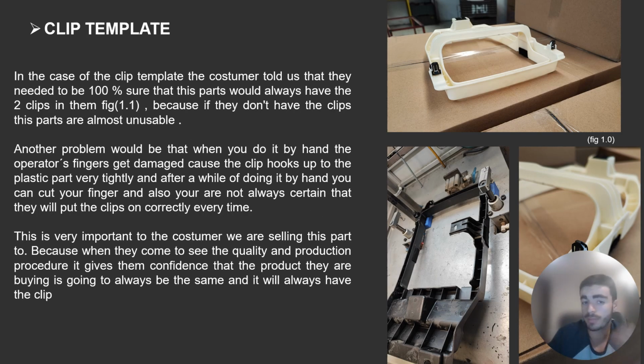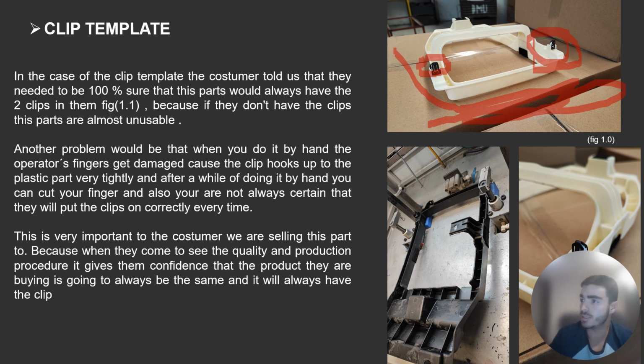The other template was a clip template. You can see here this piece. I don't know where it is going to. It's for a car. But what I know is that 100% of the time it needs these two clips.